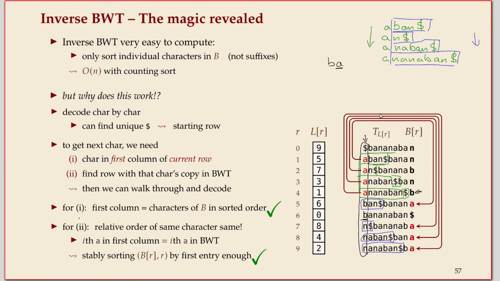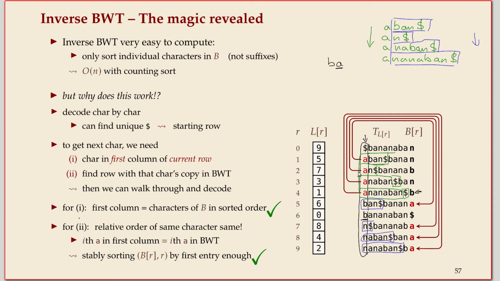The third A in text order is, again, this first A in lexicographic order in the BWT that becomes the first position in the BWT that is an A. So first character here, first character here, second, second, and so on.